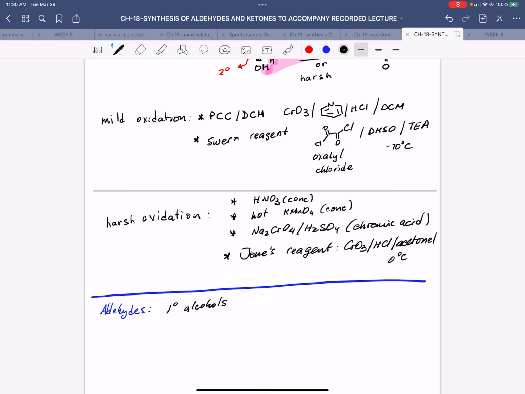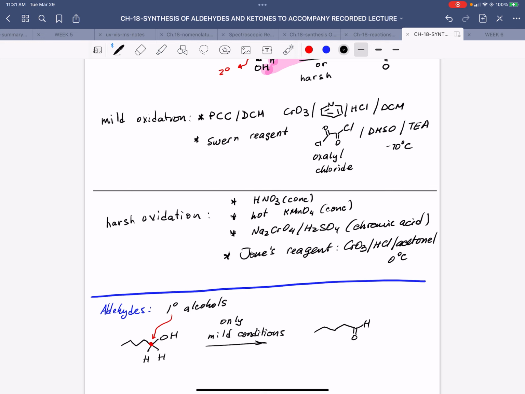Okay, and we would have to use only mild conditions. This is a primary alcohol, and only mild conditions will give us an aldehyde.